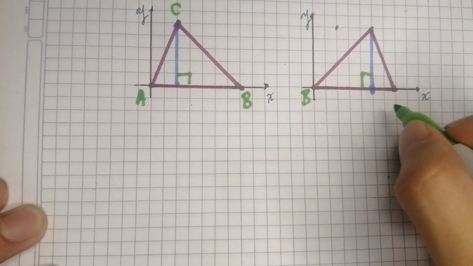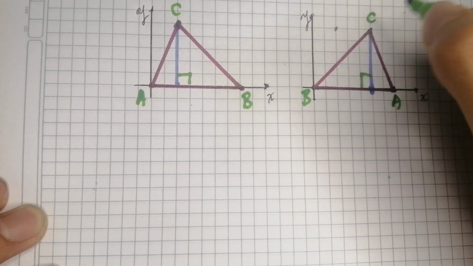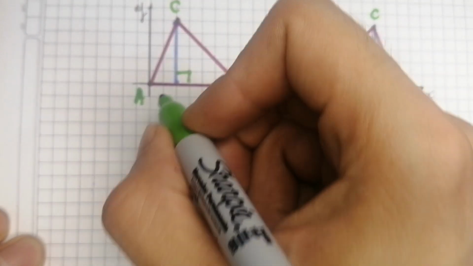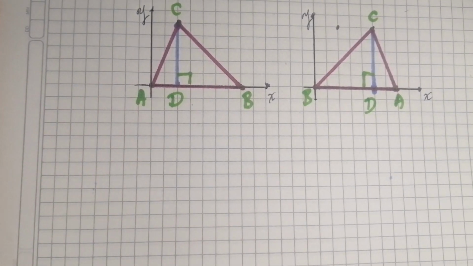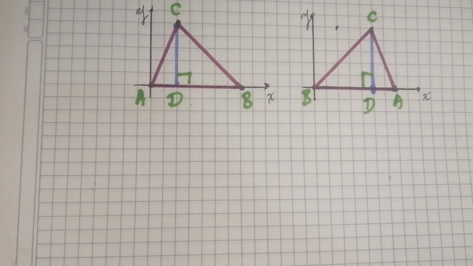This one then would be A, and finally this one up here is going to be C. Also, we are going to add an additional label for this point that we are going to represent as D. As you can see, I put those D's in both triangles.